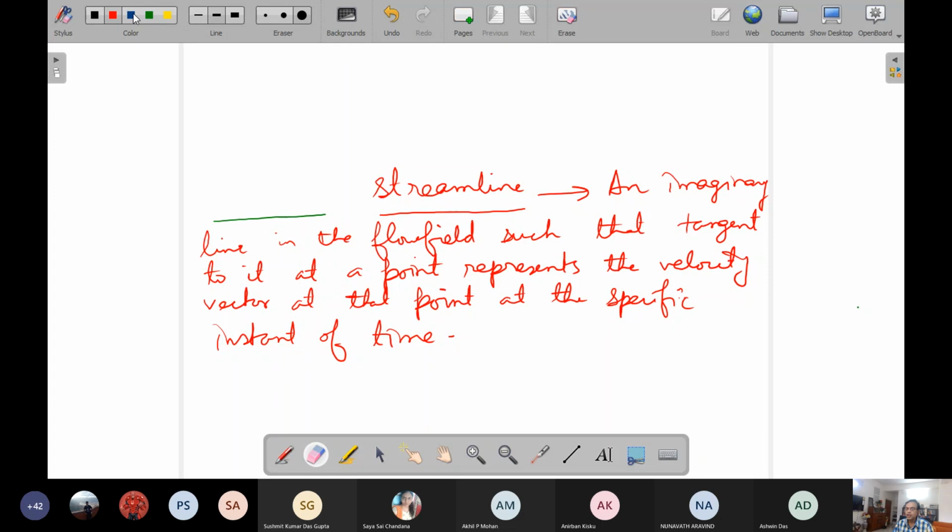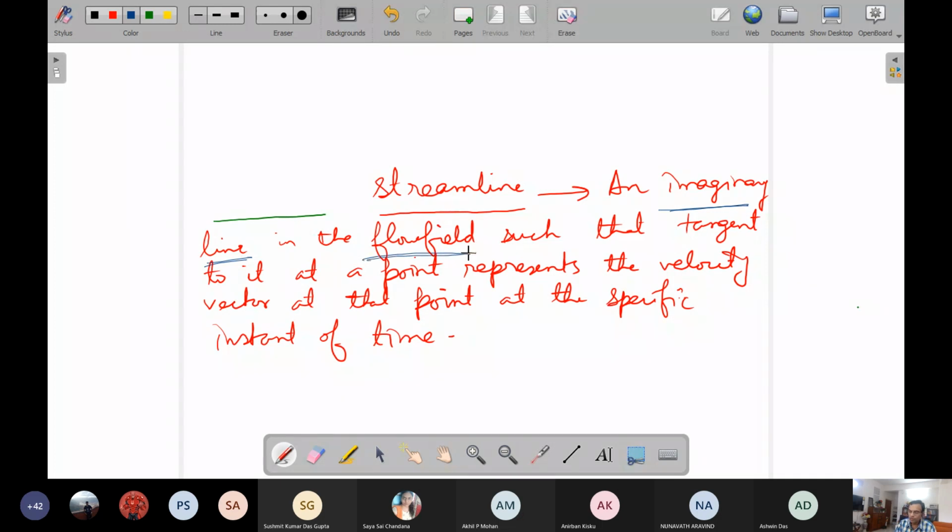We will look into these English words one by one in the definition of streamline and see how they matter in reality. So first of all, an imaginary line. This is the first very, very important key phrase. It means that this line in reality doesn't exist.